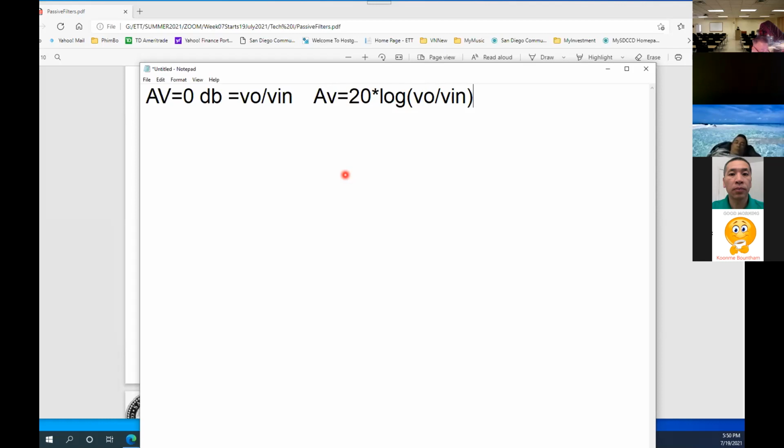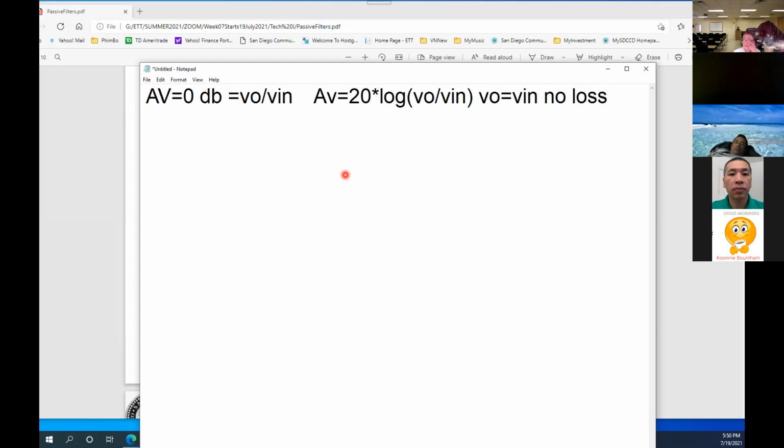That means you get V out equal V in. V out equal V in, only telling you no log.